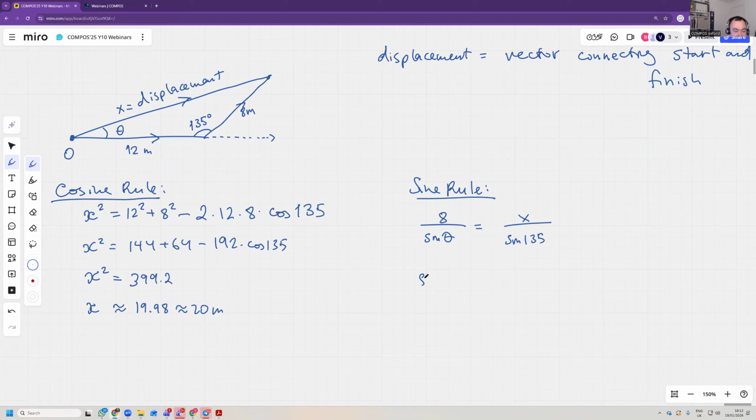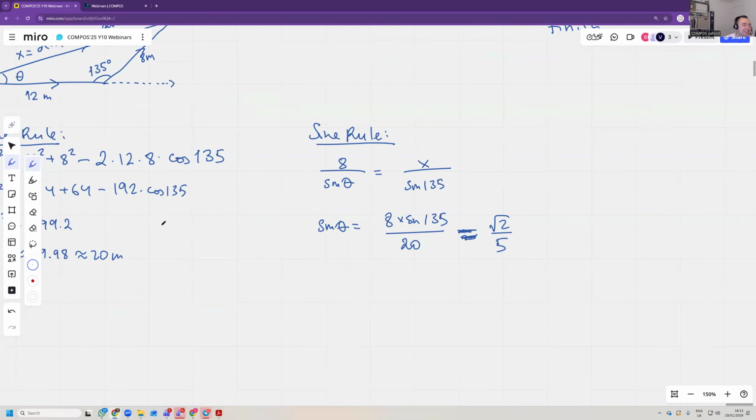We already know x, so sine theta is 8 multiplied by sine 135 divided by 20, which is square root of 2 over 5, but 20 is approximate, so I can't give an exact answer here.